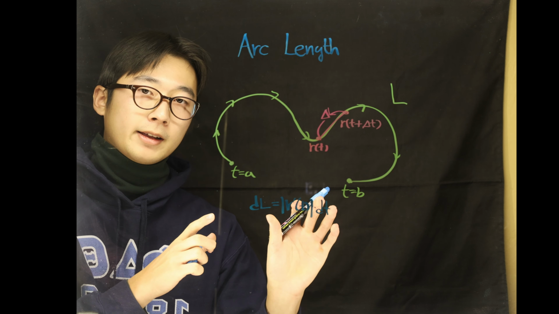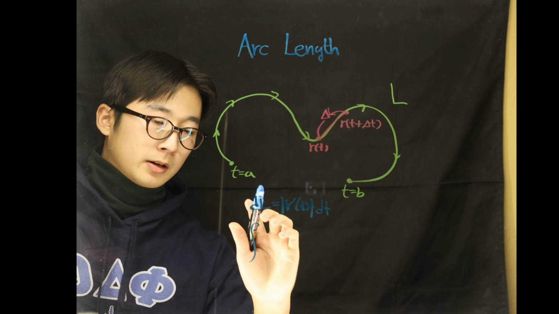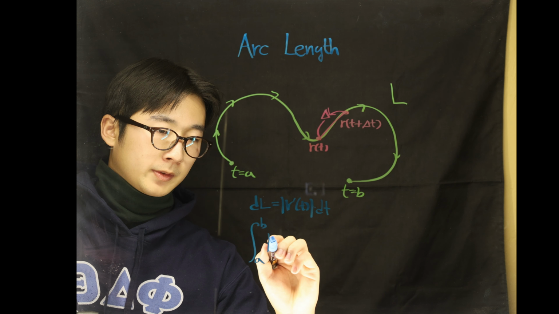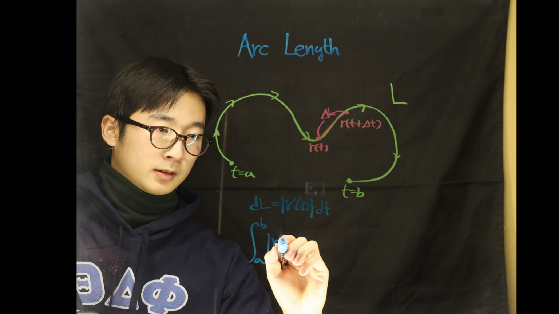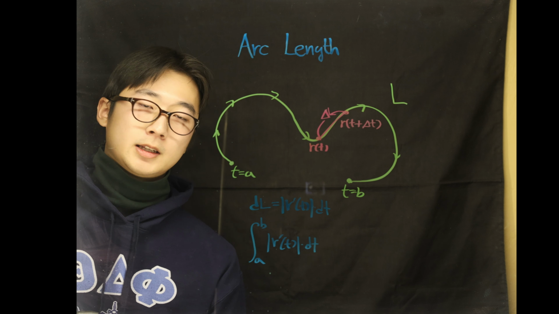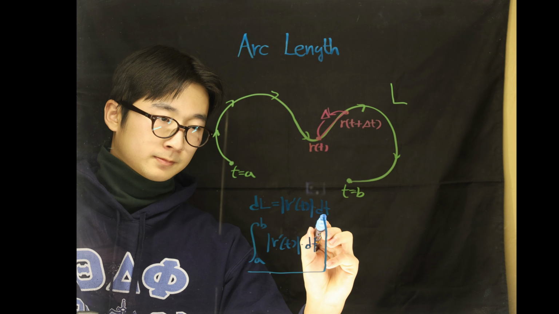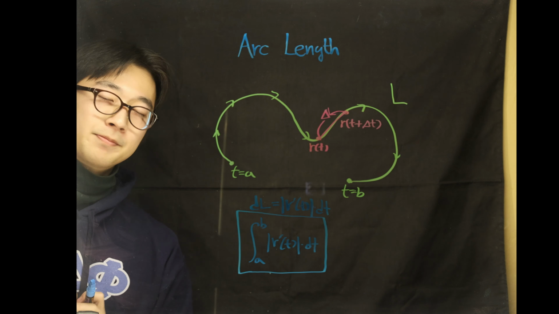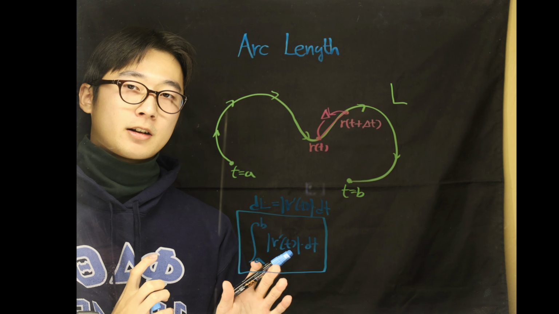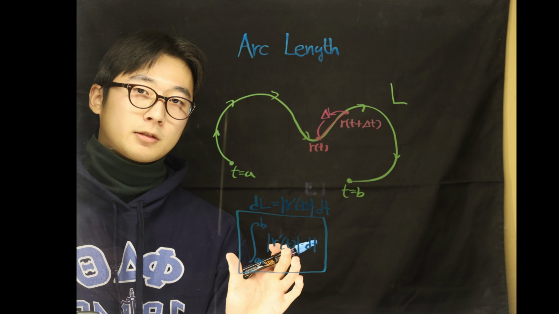So the full length is the integral from t equals a to b of the magnitude of the derivative, the same formula, times dt. That's it, we're done. Now we can find the length of any curve. We can find any arc length using this integral formula.